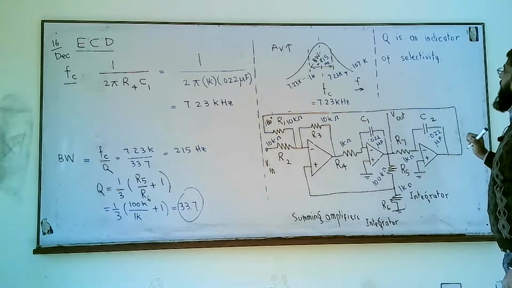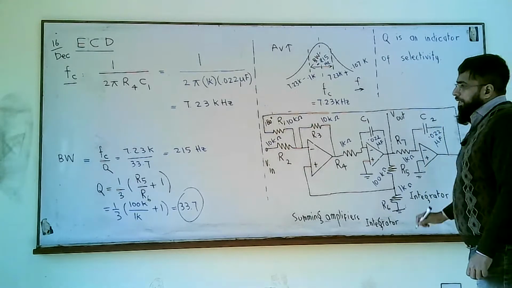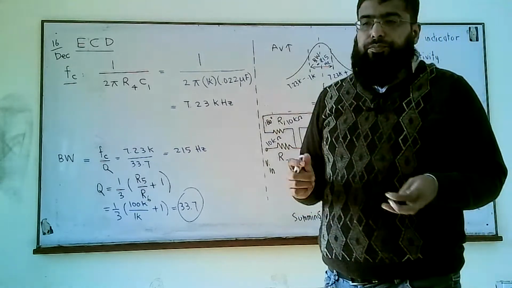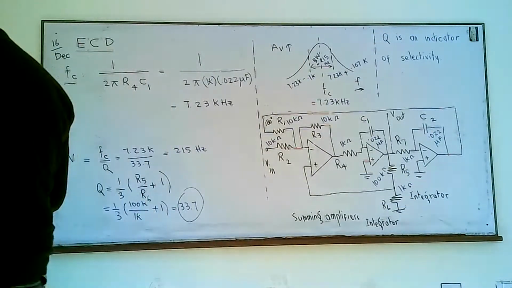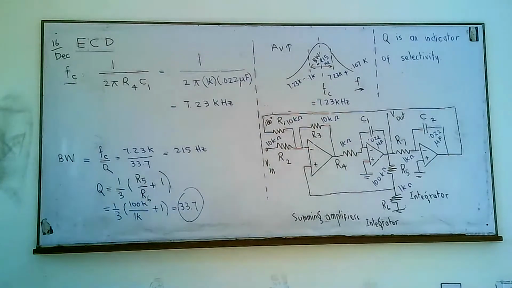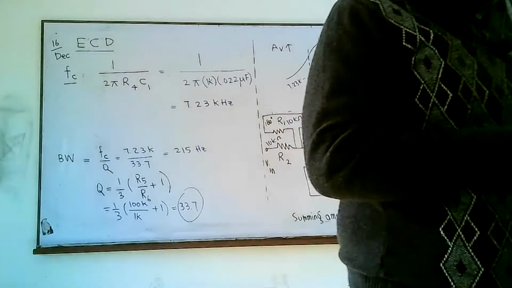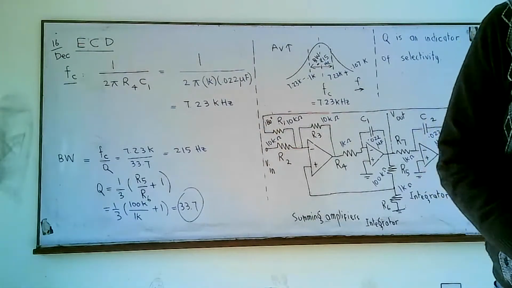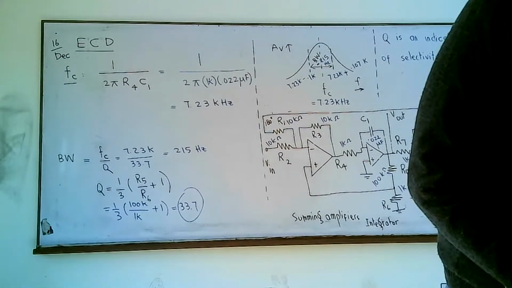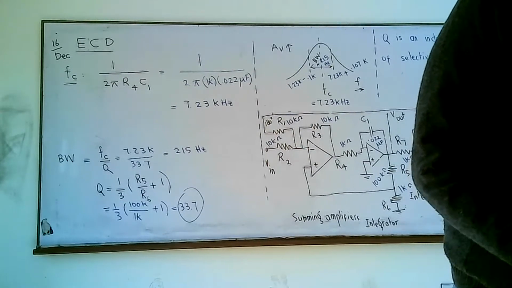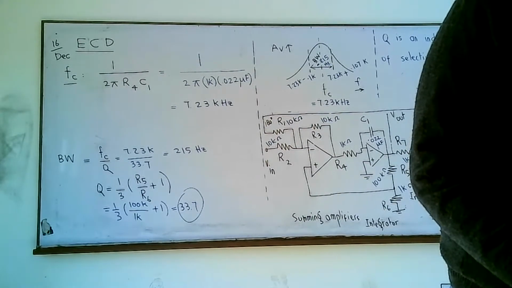Higher Qs are desirable because we have to pass our signal only for a very small range of frequencies, and we have to stop the remaining complete band. Obtaining high Qs, almost Q equal to 100, is possible using this filter.